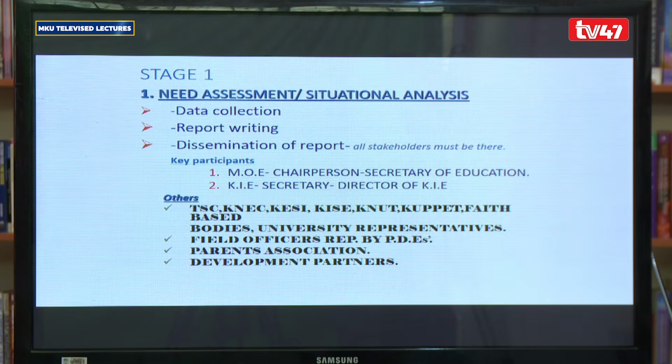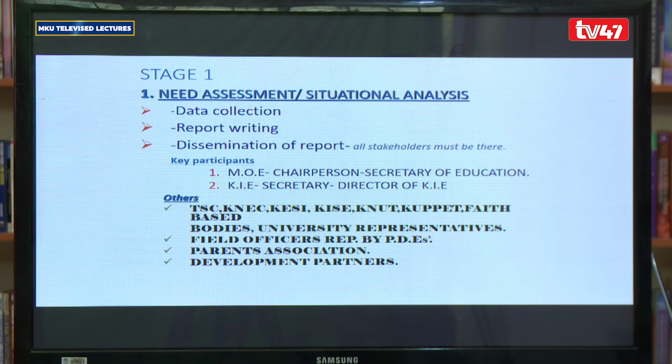Now here is where we go out to the villages to collect information. We collect data and report in writing so that we are able to know what is happening on the ground, so that we can be able to determine what is critical for the people of that particular nation. That report will be generated from the data that will be collected and eventually disseminated to all the stakeholders.